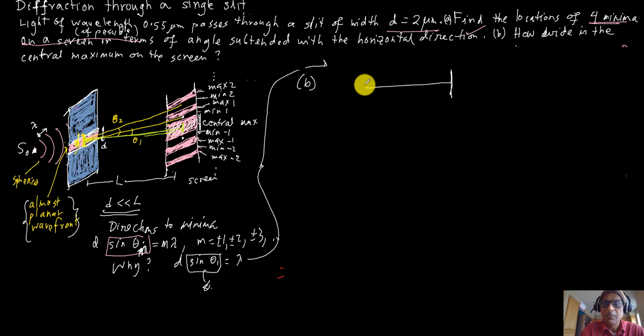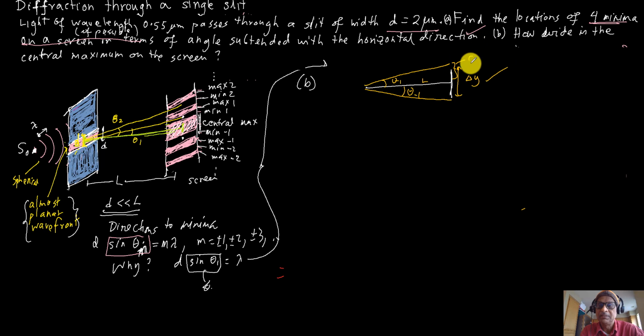So this one was theta 1 and this one was theta minus 1, and so we want to know how wide it is in terms of, say, delta y. So this is what I want. Okay, so how would I get this distance is L, and you can already see, you can find out this distance.